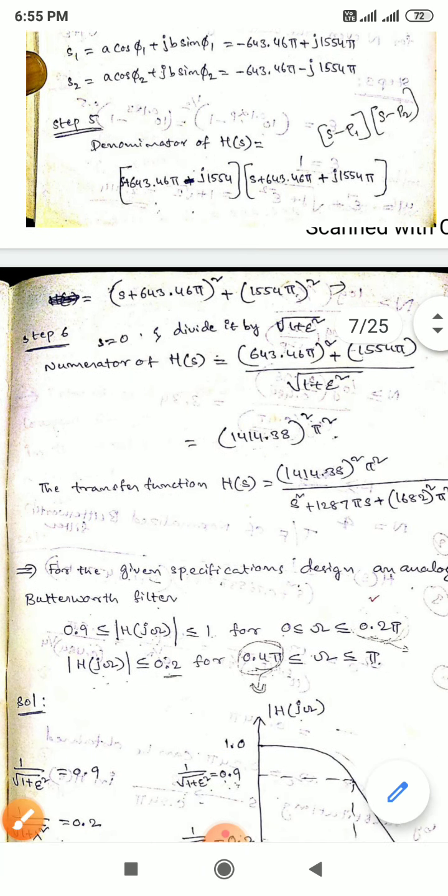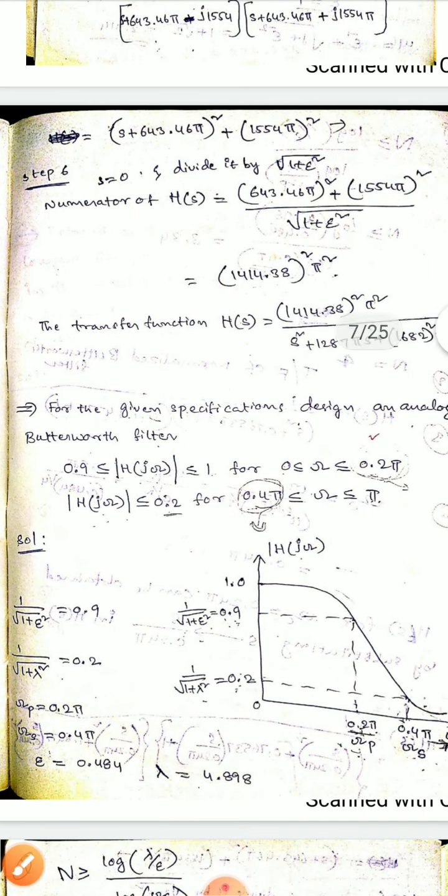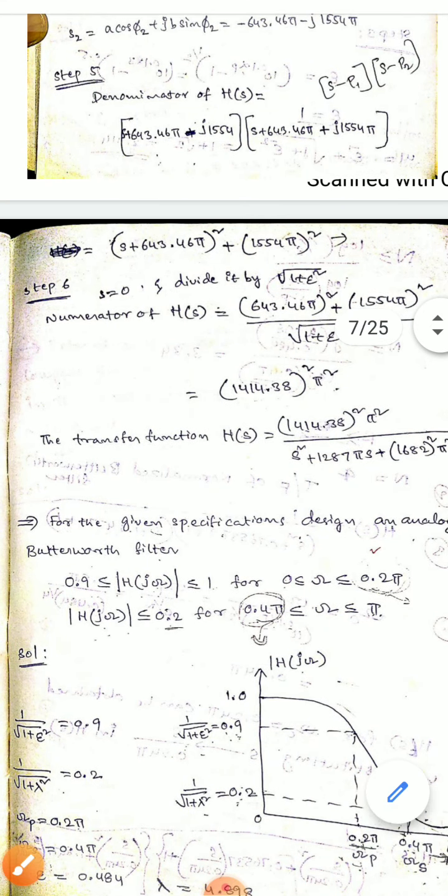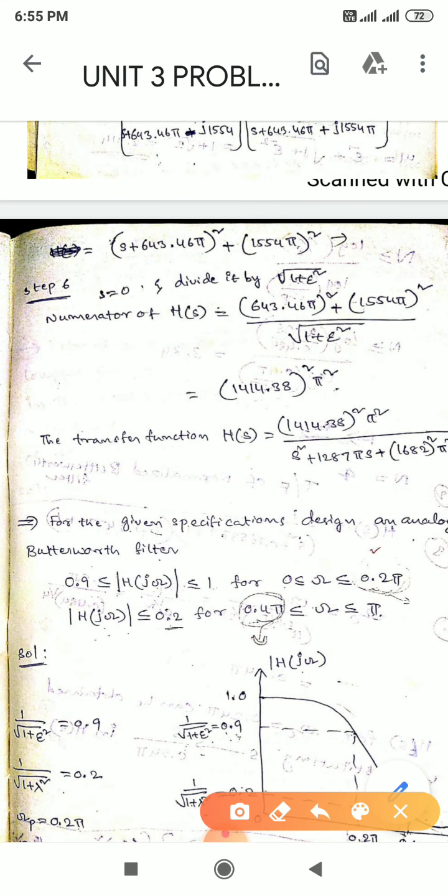In the next step we are determining the numerator polynomial of H of s. How to determine the numerator polynomial of H of s? This is based on the order of the filter. Here the order of the filter is what? Capital N is 2.